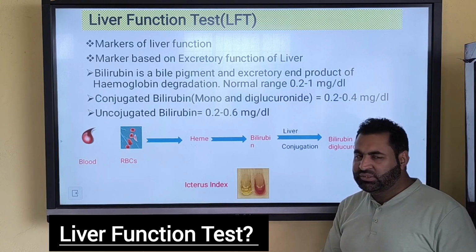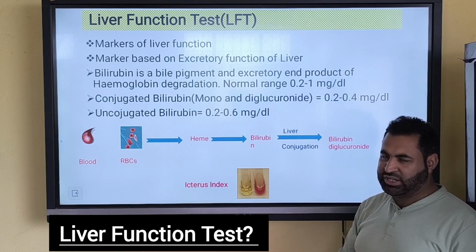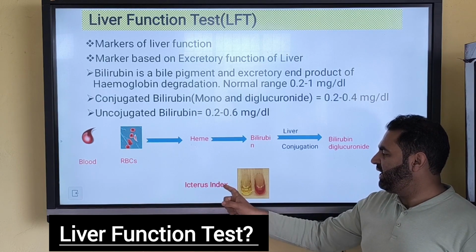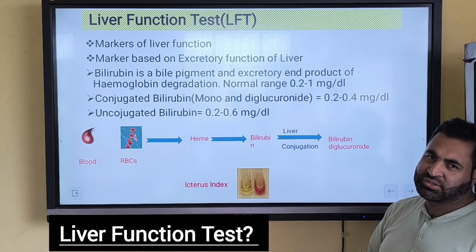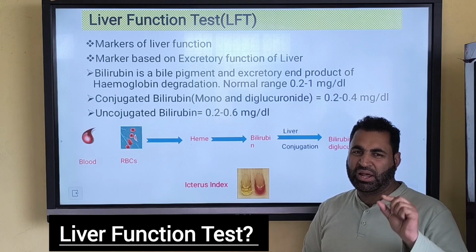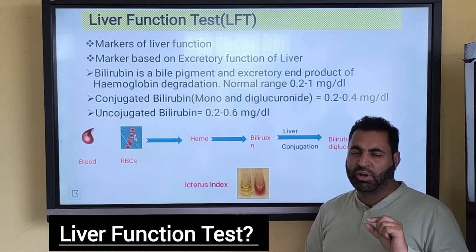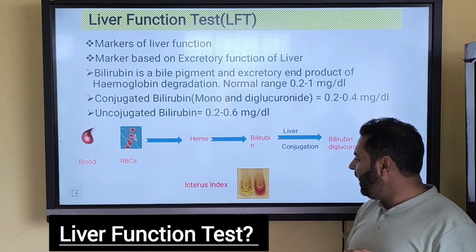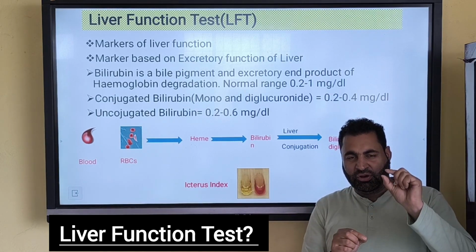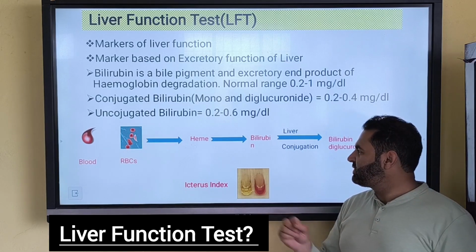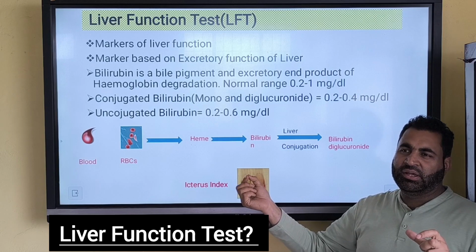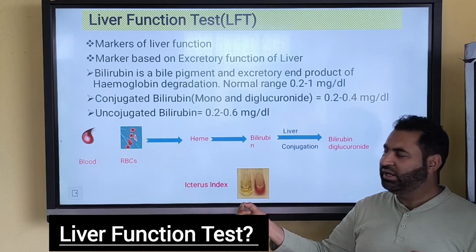We have one simple test. This test was used from prehistoric time, and it is called the icterus index. In the icterus index, what are we doing? We prepare the serum of that particular patient, and by means of eyeballing, we put two test tubes, one of a normal person and another of a person who mostly has jaundice or some liver related problem.